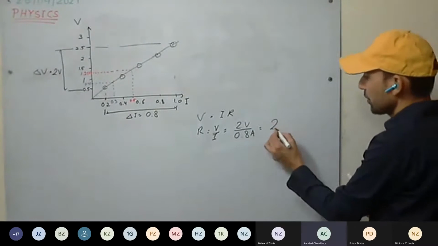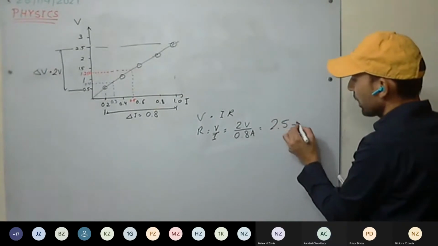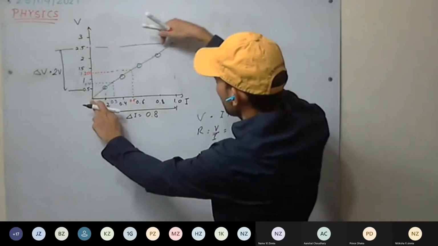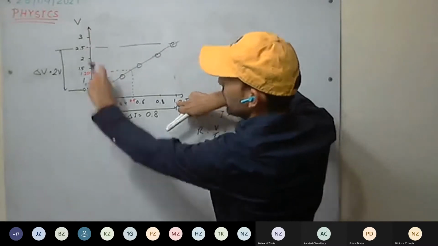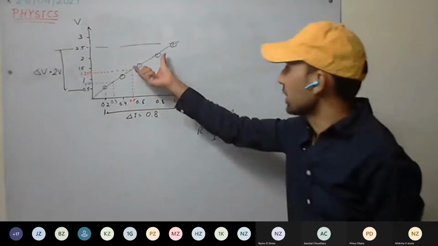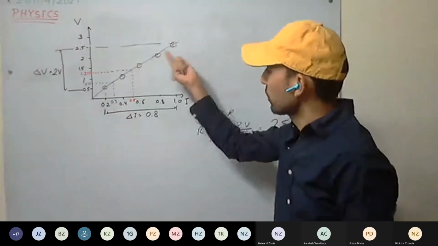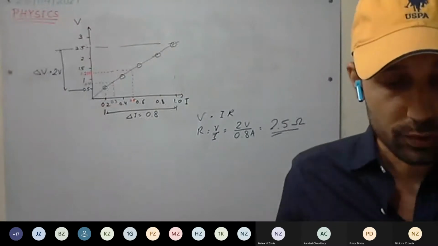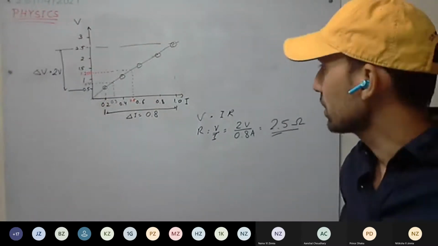You will get the same 2.5 ohm. Or 2.5 divided by 1 ampere, you are getting 2.5. You can use any length, either this one or the complete line, because it will always pass through the origin. Understood? This question you have understood?